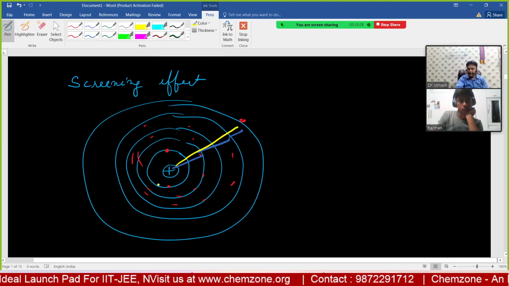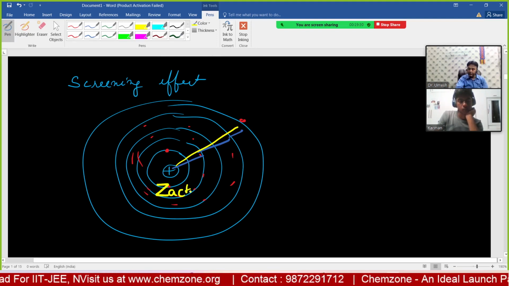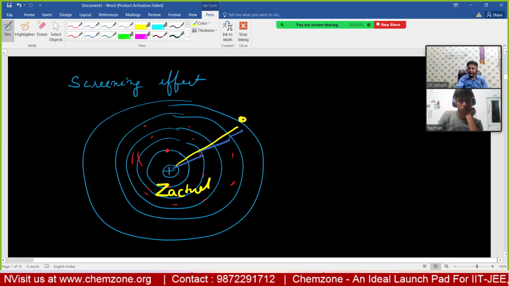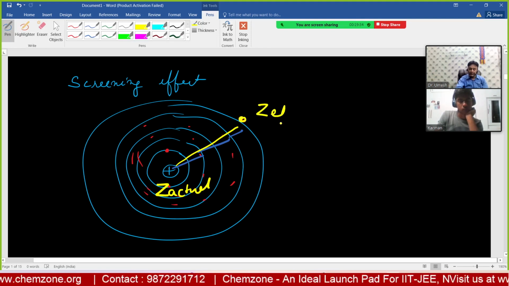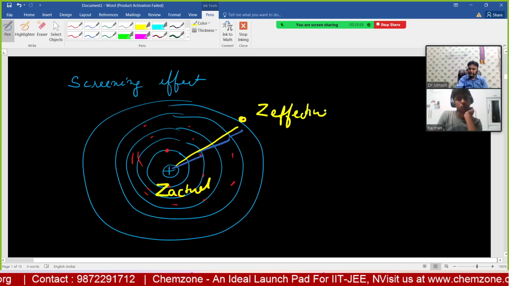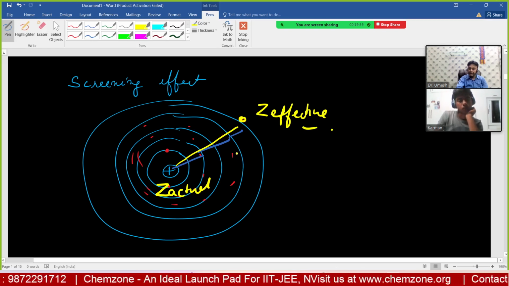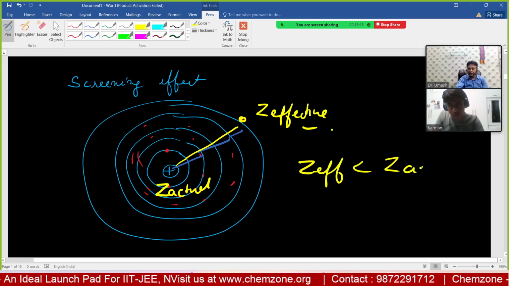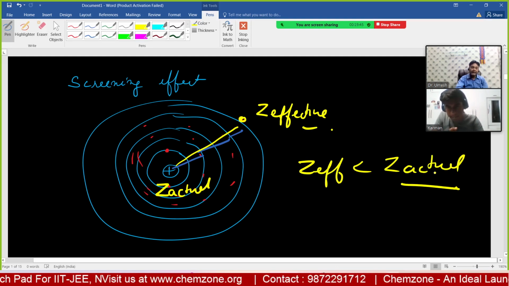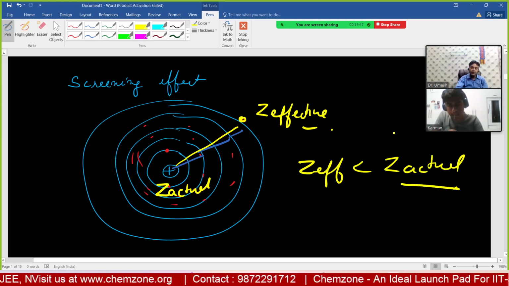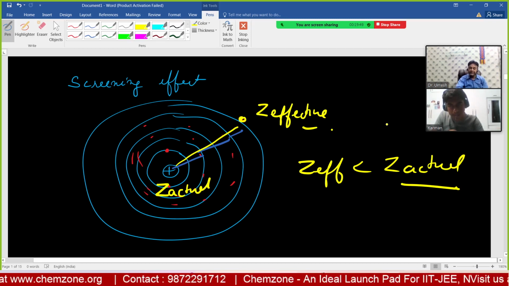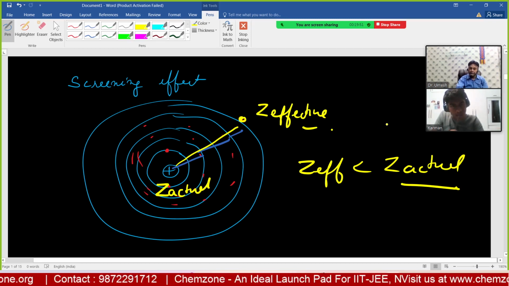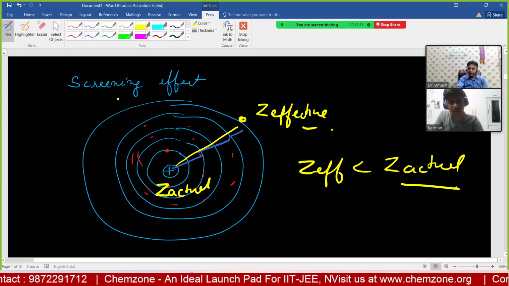It means here we have an actual nuclear charge, Z actual. But what is experienced by the outermost electron is an effective nuclear charge. This effective nuclear charge is less than the actual nuclear charge because the inner electron shells have stopped the nuclear charge from reaching out. And this is called the screening effect.